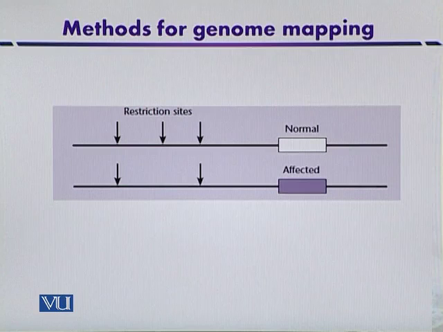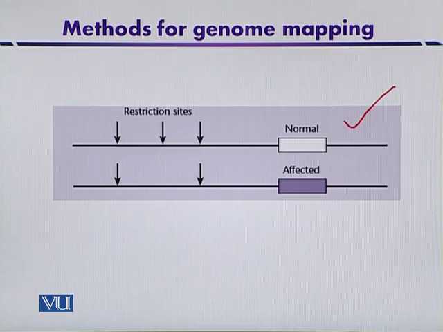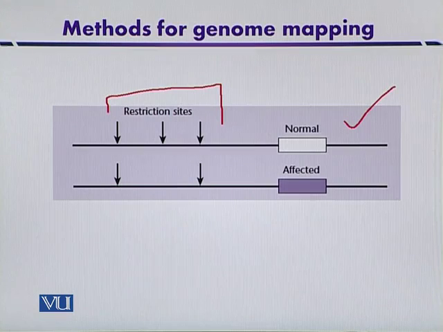So here, for example, we have two genes or segments of DNA. The first one is normal, and it is indicated by the presence of 3 restriction sites here, and somehow the genotype is affected due to certain mutations, base substitutions, addition of DNA or deletion of DNA, so that one site is lost here.